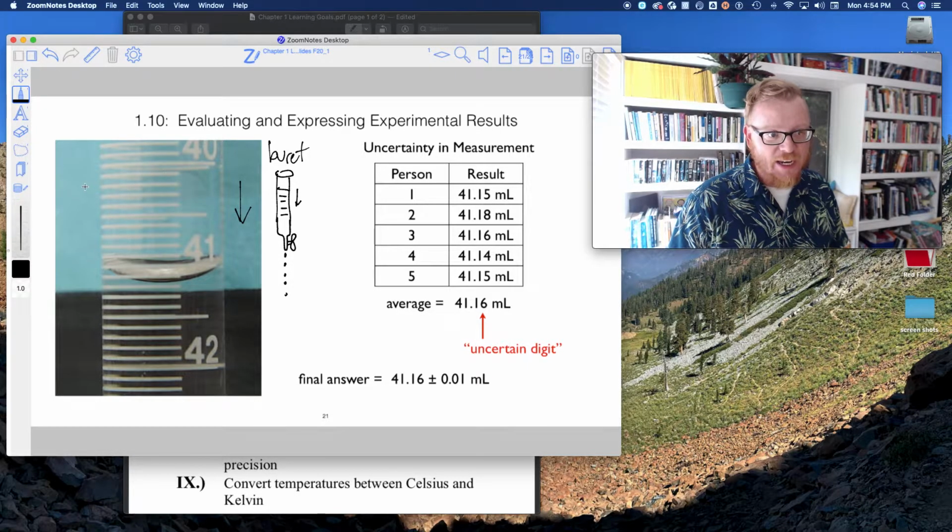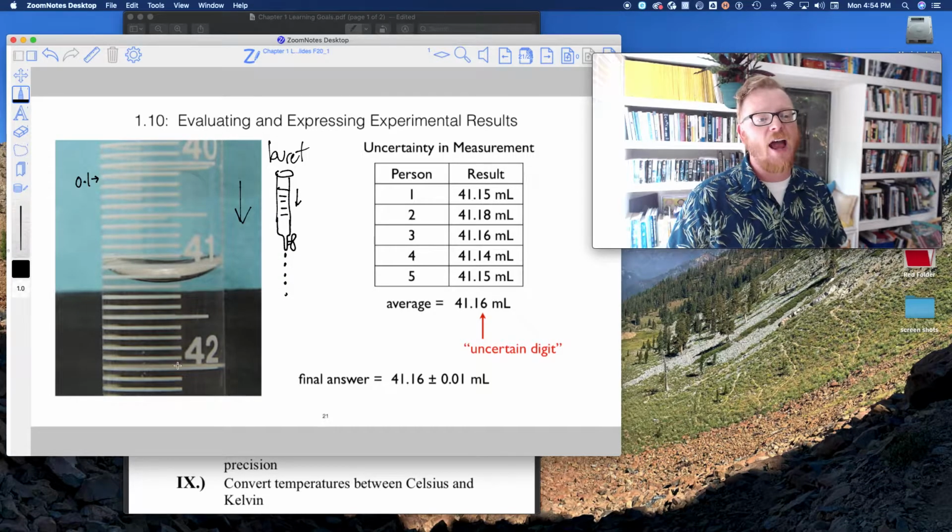So that means each one of these is 0.1 milliliters. All right? And so when I'm reading this down, it's not 42.8. Rather, it's 41.12.